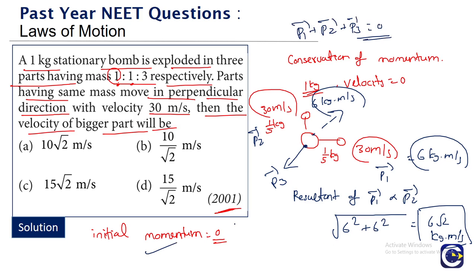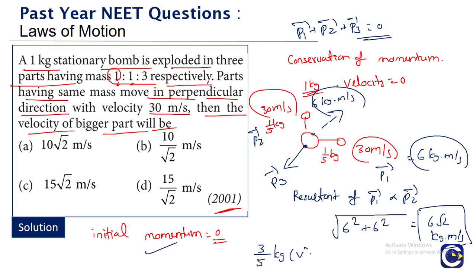Even after the explosion, the total momentum should be 0, because the explosion is an internal phenomenon and there is no external force acting. So the total momentum of the system is conserved: initial momentum equals final momentum. Which means the third particle, what is its mass? Already we have seen.